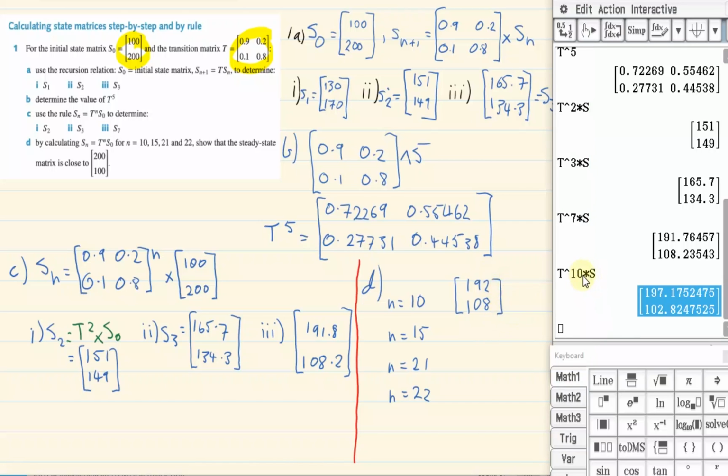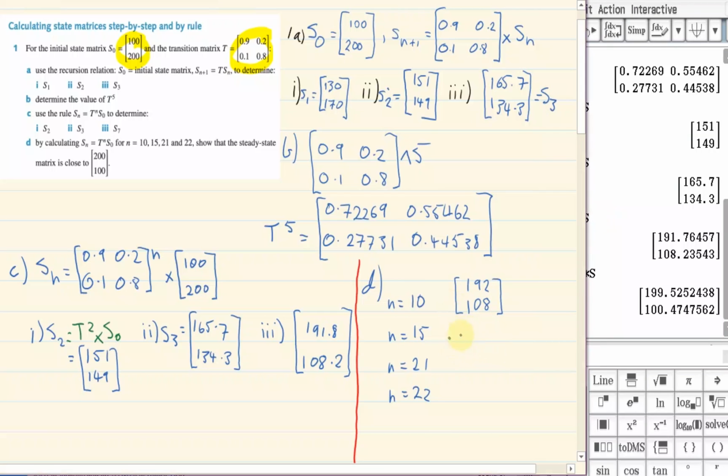Then for 15, rounded, it goes to 200 and 100.